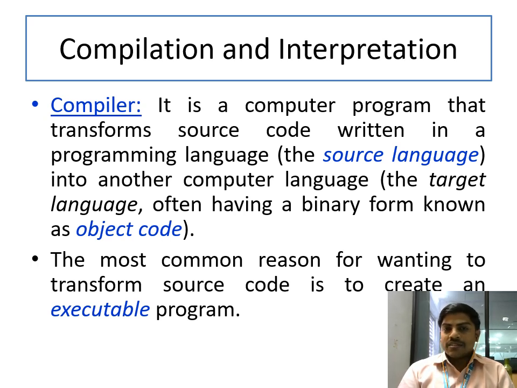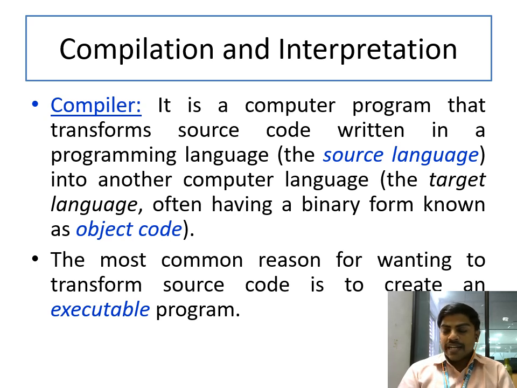A compiler is a computer program that transforms the source code written in a programming language into another computer language, often having a binary form known as the object code. The most common reason for wanting to transform the source code is to create an executable program.